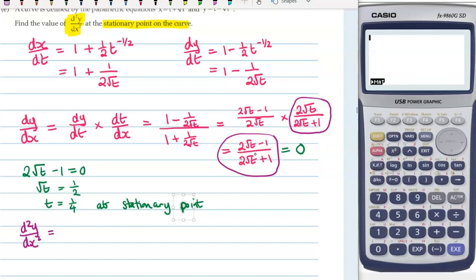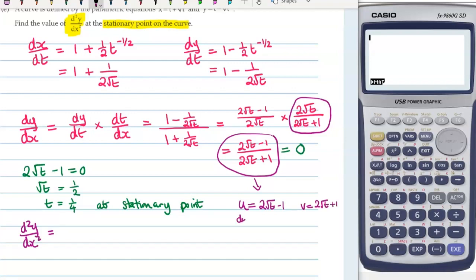Okay, so if we differentiate this one here, we're using the quotient rule where u is the top and v is the bottom.